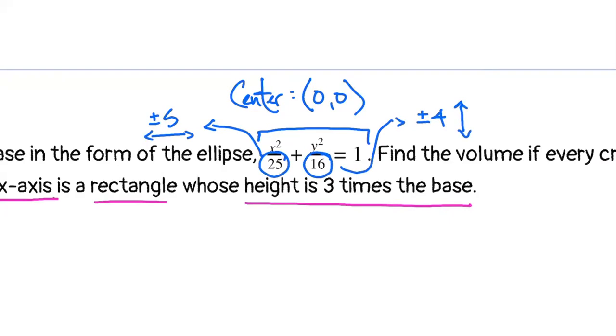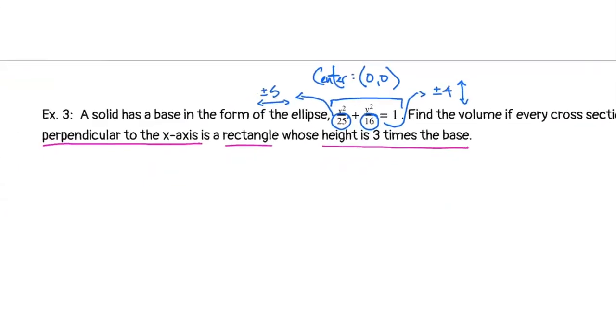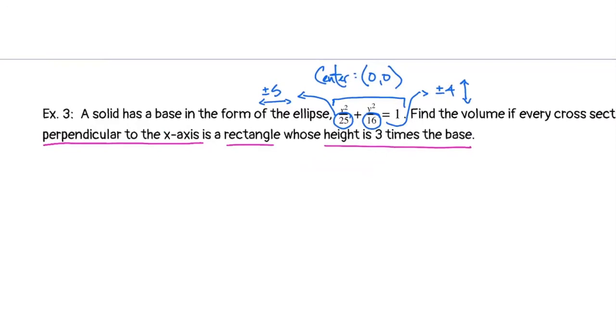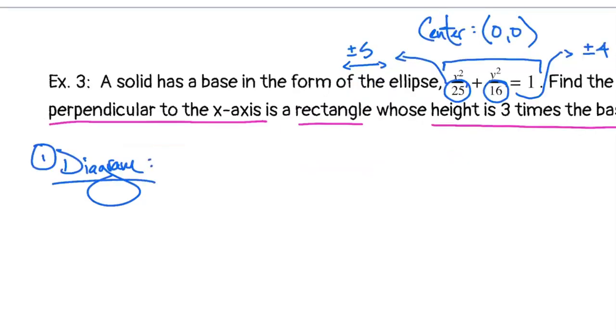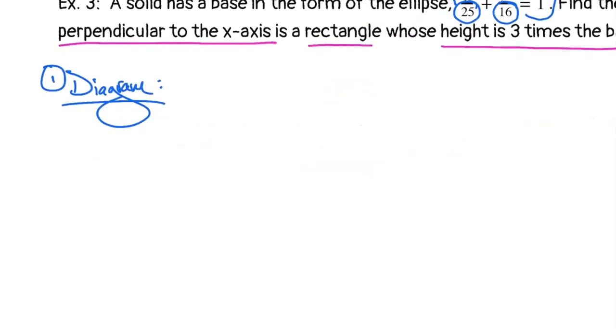And I know the 5 is in the x direction because it's underneath the x squared. And I'm going 5 out to the side and 4 up and down from my center. Okay. And so that allows me to go ahead and sketch a graph. And so we go ahead and we draw our axes.